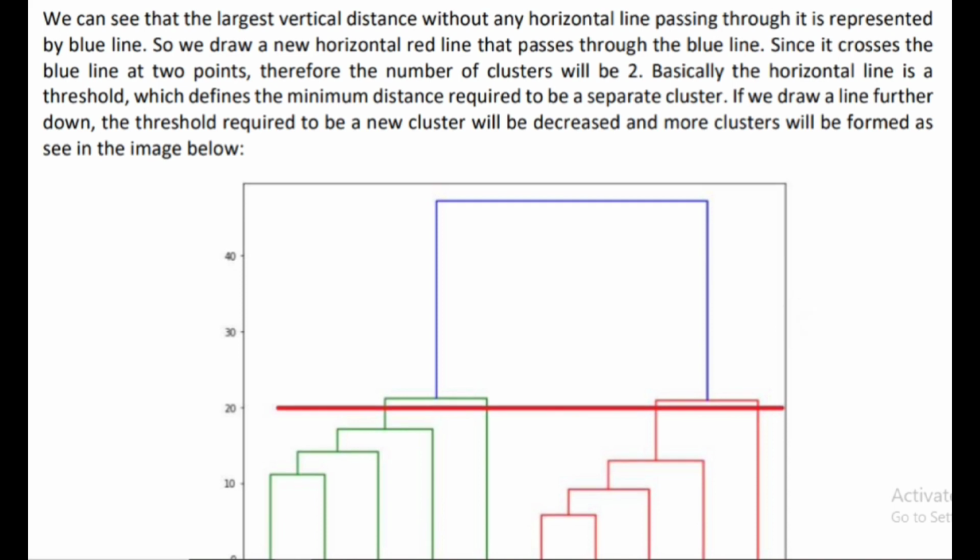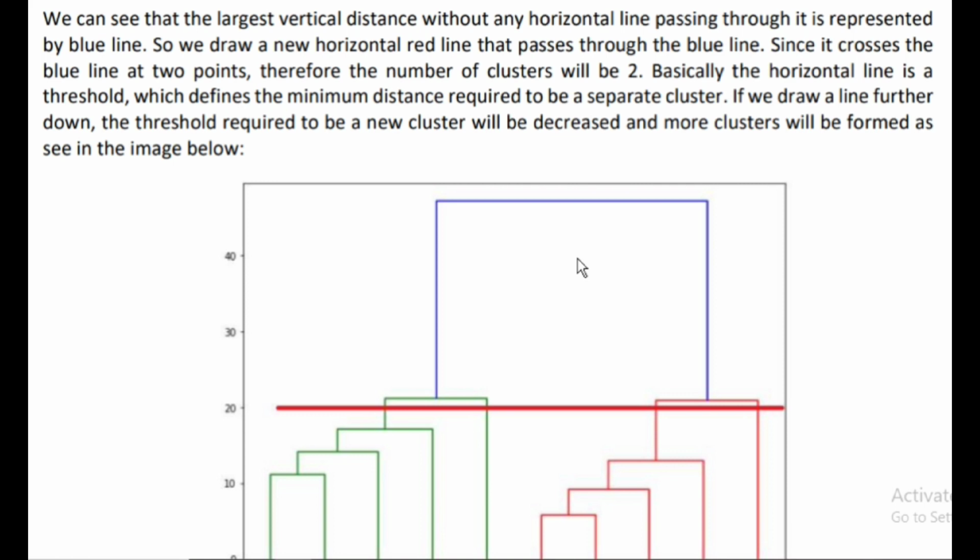So we draw a new horizontal red line that passes through the blue line. Since it crosses the blue line at 2 points, the number of clusters will be 2. Basically, the horizontal line is a threshold, which defines the minimum distance required to be a separate cluster.